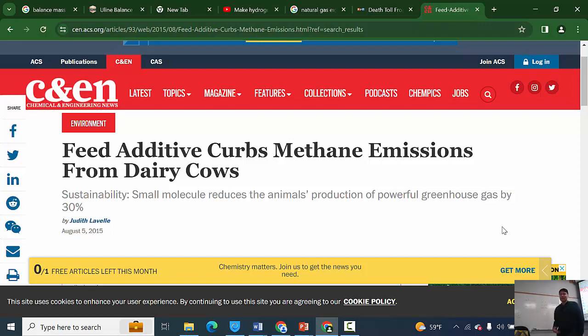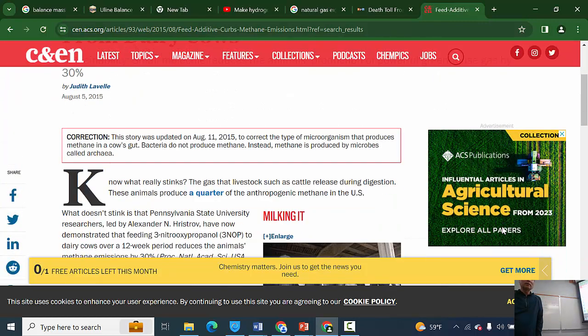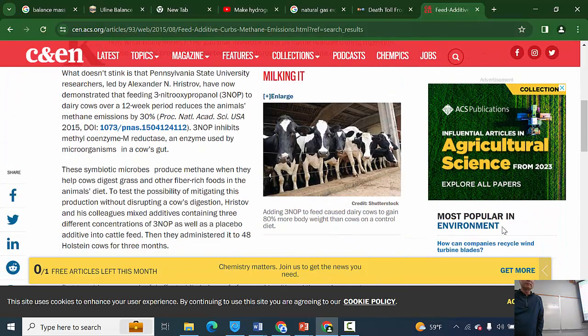I don't know how that affects dairy milk or if it's cattle or cows. Steak or whatever, meat. But this small molecule, it says without disrupting a cow's digestion. And so, what is it?